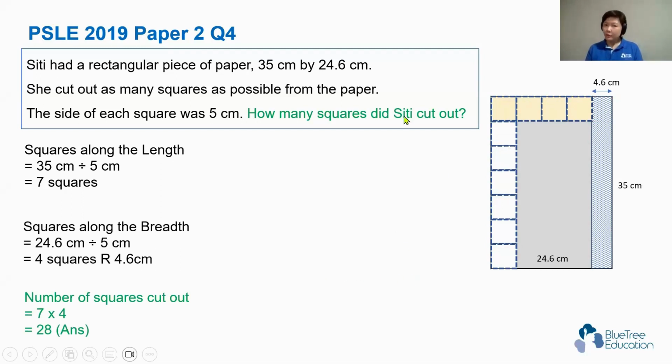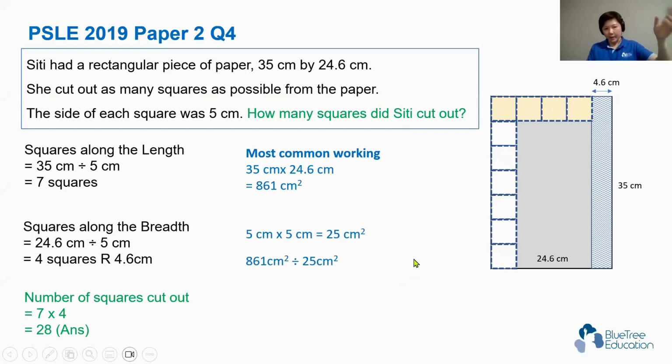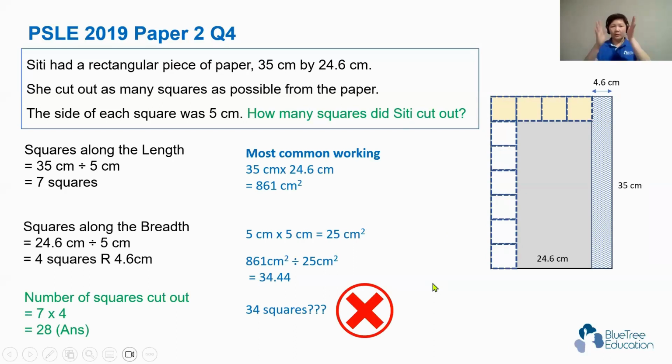Yeah, you know what children will do? Okay, if the children take the big area, 35 times 24.6, and they find the small area, and they divide it and score 34 squares on this, your child scores 0 marks. 0 marks on the blue working. Not a single mark will be awarded. Is it shocking to you? You think, okay, what?